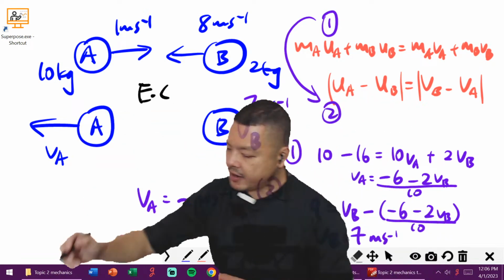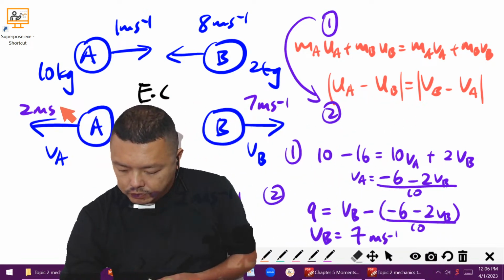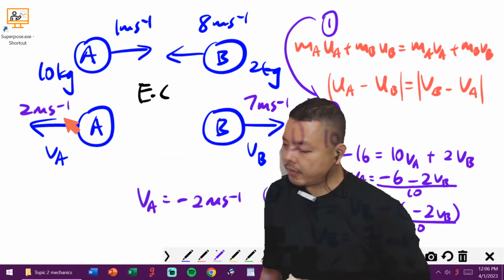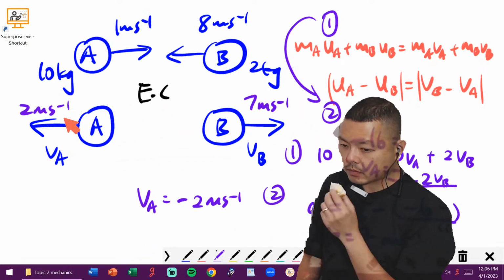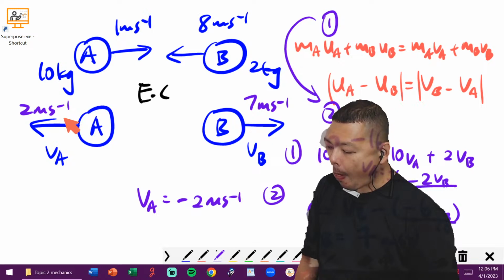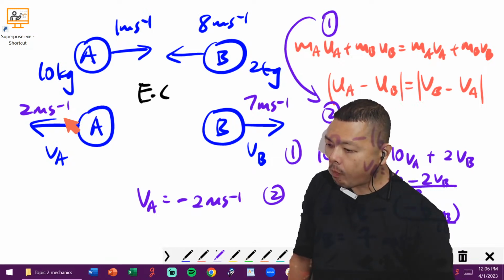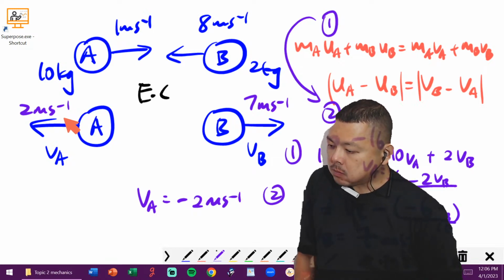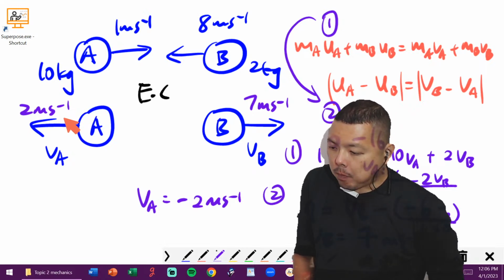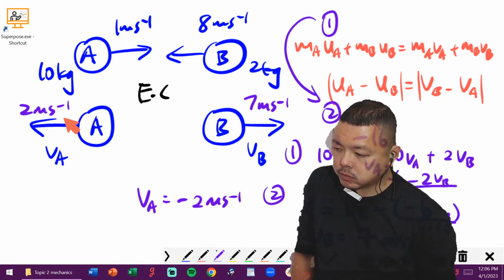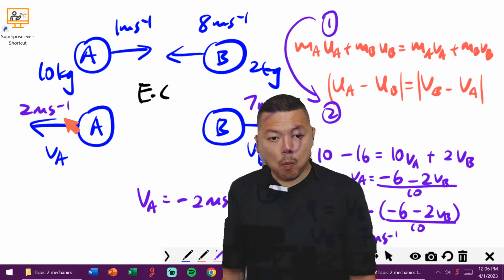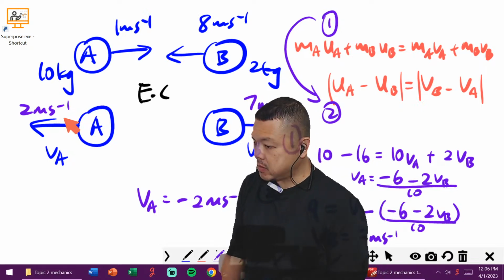So that means VA does go backwards at minus 2, right, 2 meters per second. Okay. And this is how it's done.